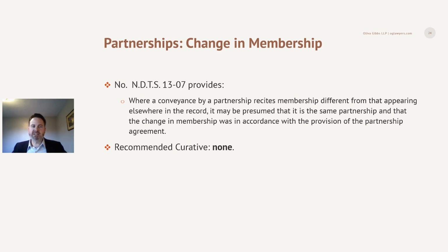If there were circumstances in the record that made you question what was going on, you could always request a copy of their partnership agreement to review it. However, based on that title standard, we wouldn't need that partnership agreement to be in the record. We could simply rely on that change of membership.